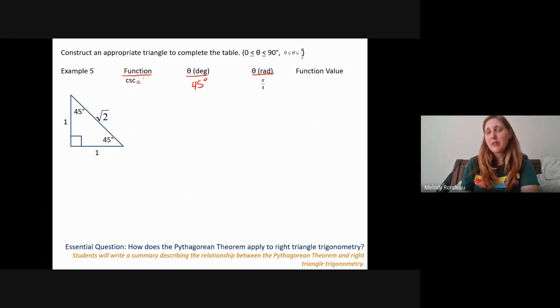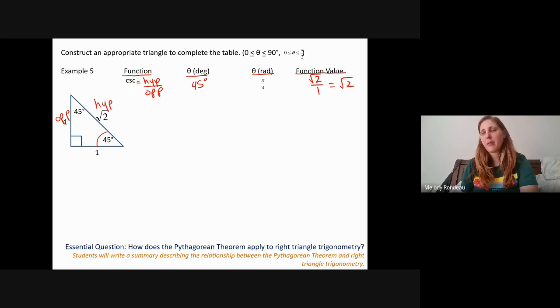Sine is opposite over hypotenuse, so this is hypotenuse over opposite. From either one of my 45 degrees, it doesn't matter which one, I want hypotenuse and opposite. So hypotenuse over opposite gives me root 2 over 1, or you could just say root 2. That was our function value.